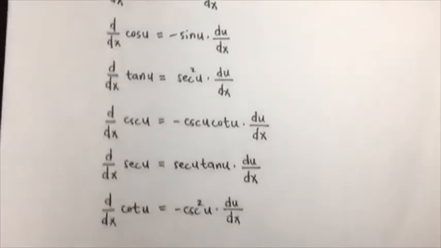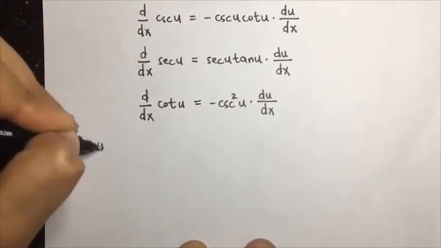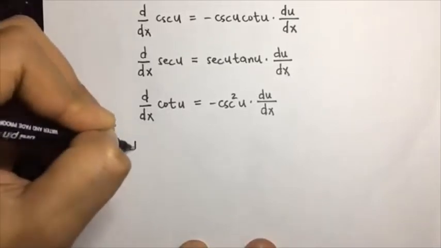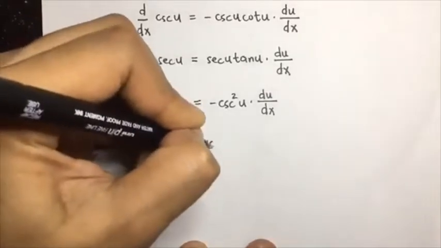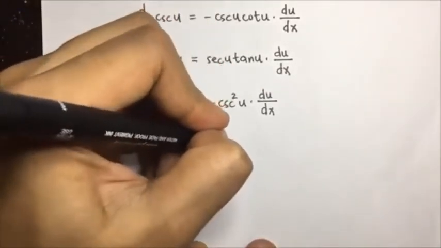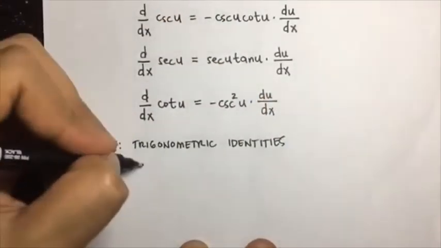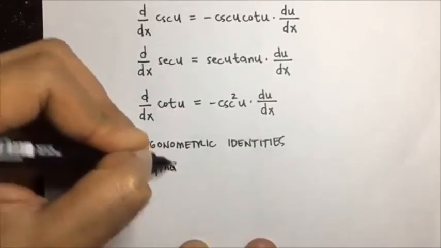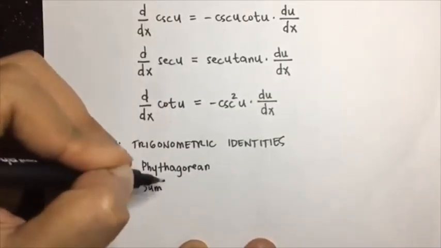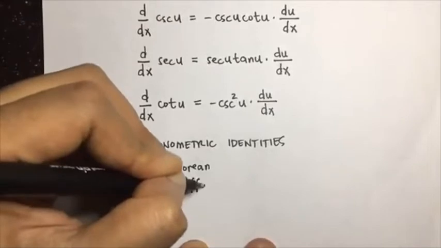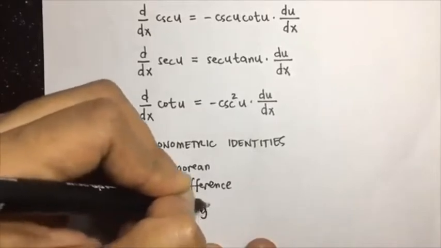differentiation formulas. You should also review all of your identities: the Pythagorean identity, sum and difference, double angle, half angle.